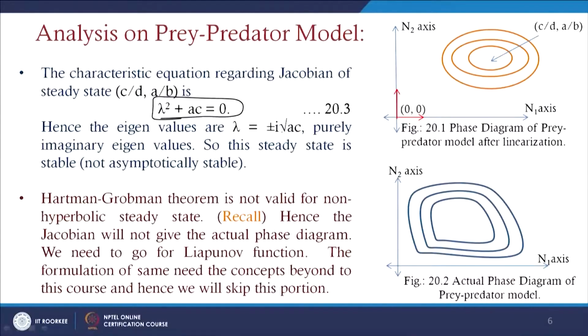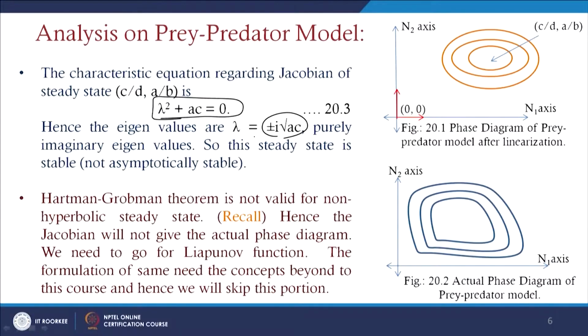And if you see these eigenvalues, they are nothing but plus and minus iota times square root of AC, since this is a complex root. Since the eigenvalue is purely imaginary, the steady state is stable here.